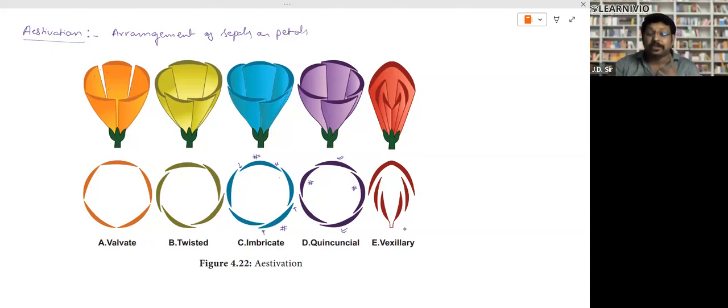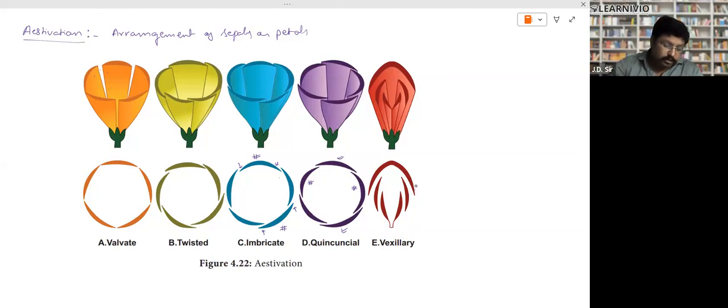Last but not the least, this is found in the Fabaceae, Papilionaceae family, which I was supposed to tell you. It means all the flowers of pulses or pea and so on will be like this. This is called vexillary estivation. In vexillary estivation, the first one will be a single one, the next ones will be free, and then the last ones will be fused.